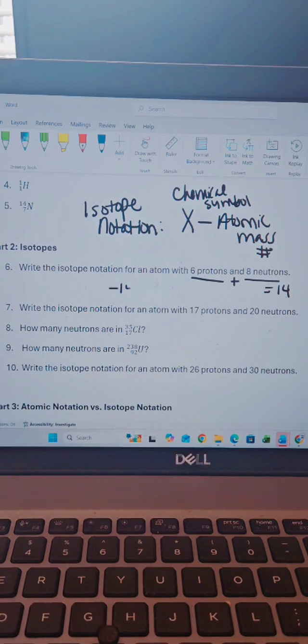So I'm going to put that right there, the dash 14. I'm going to go to my periodic table and identify what has 6 protons, hence the 6 electrons. The element that has 6 protons and 6 electrons is carbon. So this would be written as the isotope notation for carbon-14.